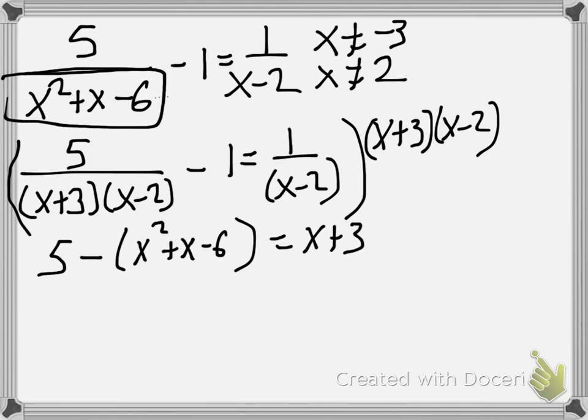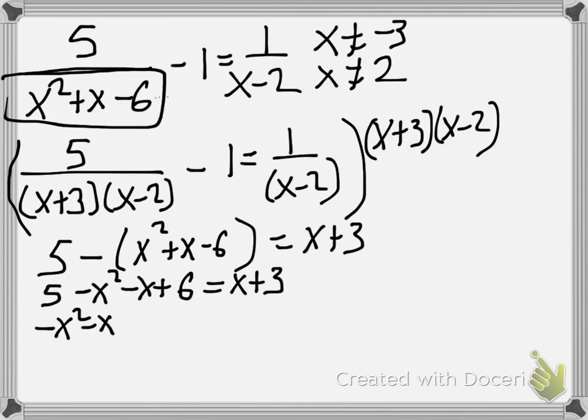So again, let's distribute our negative. 5 minus x squared minus x plus 6 is equal to x plus 3. Again, I don't like this, so I'm going to add my like terms. I've got negative x squared minus x plus 11 equals x plus 3.